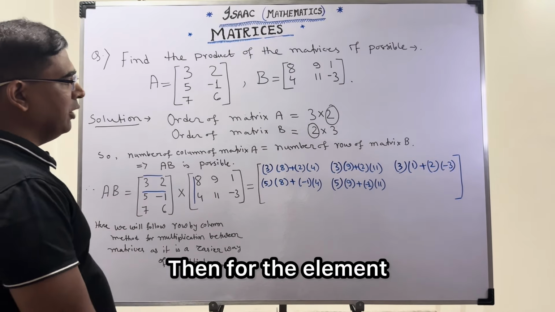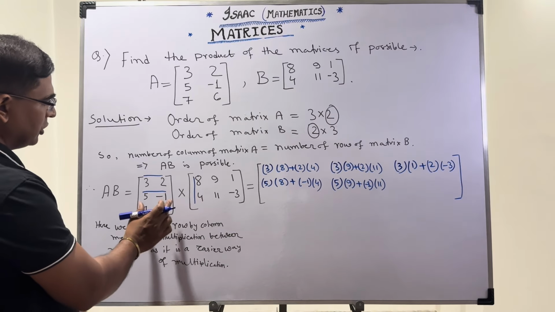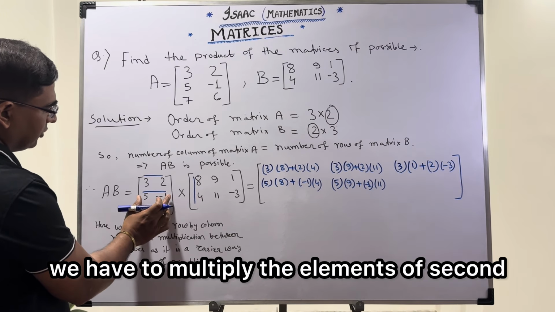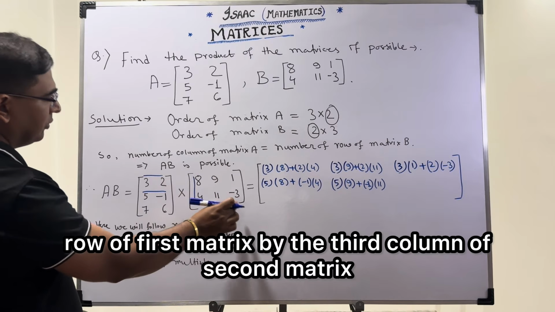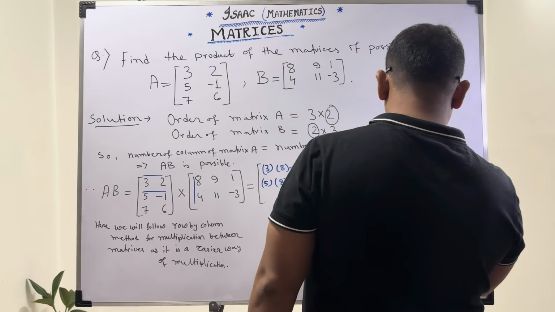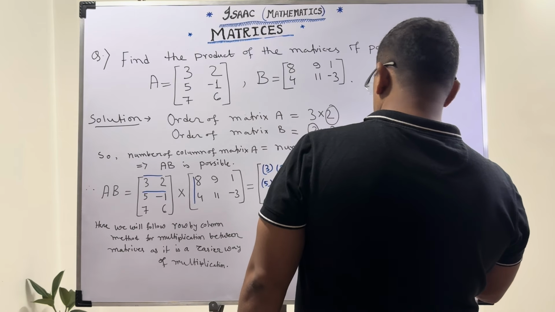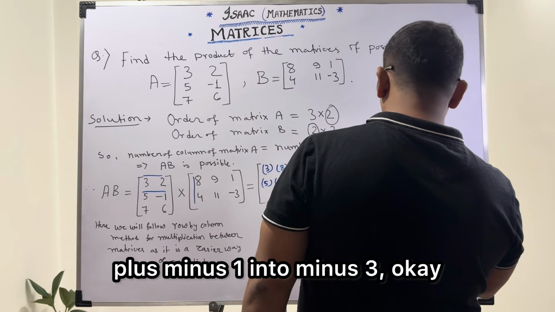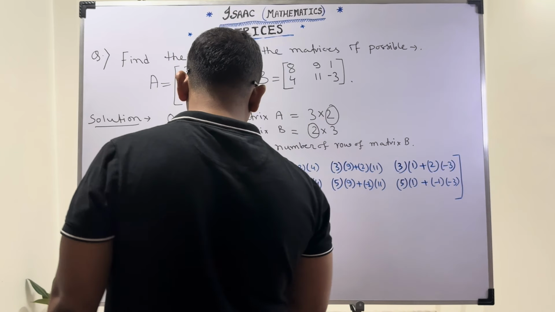Then for the element A23 of the new matrix, we multiply the second row of the first matrix by the third column of the second matrix: 5 into 1 plus minus 1 into minus 3.